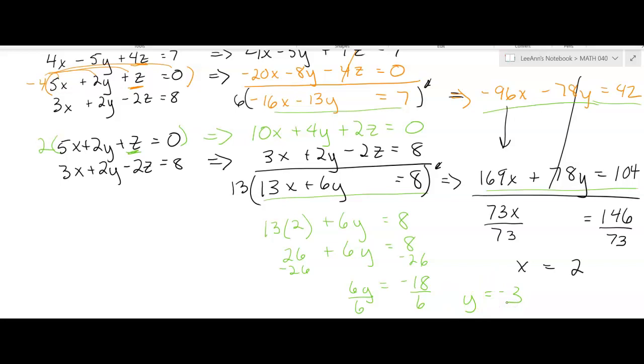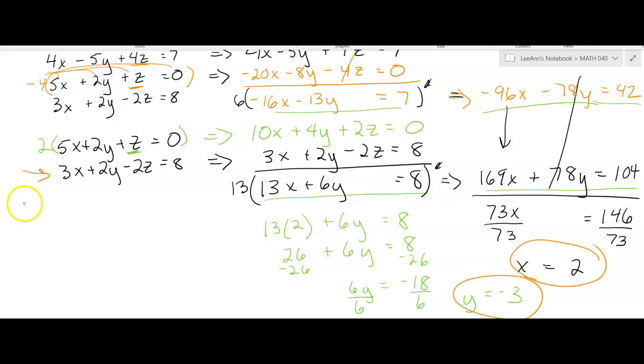Okay, great. Then I have to find an equation that has x, y, and z. So I'm just going to use this one right here. It's kind of handy there. There's the 3 original equations. You could use any of them. And I'm going to be putting in 2 for x and negative 3 for y.